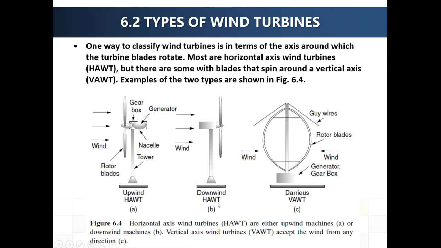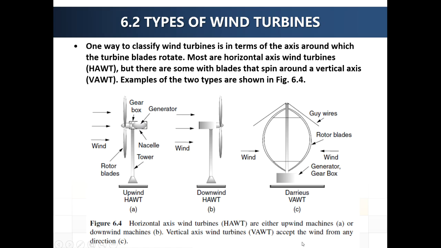Downwind HAWT, the wind is blown over the back of the turbine, behind the blade. The direction of the turbine is different. The vertical axis wind turbine is also called a Darrieus wind turbine.